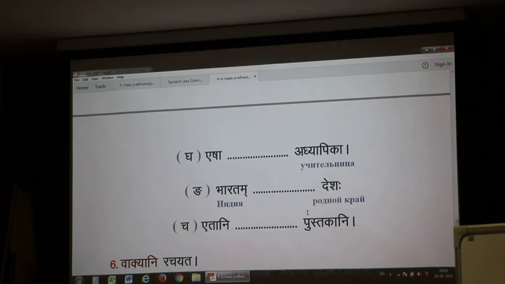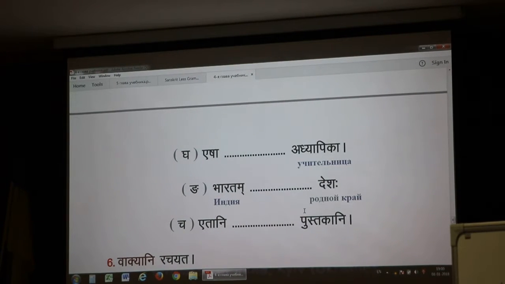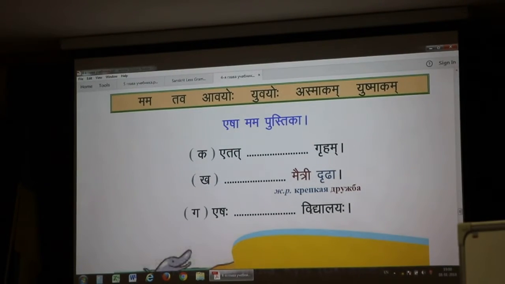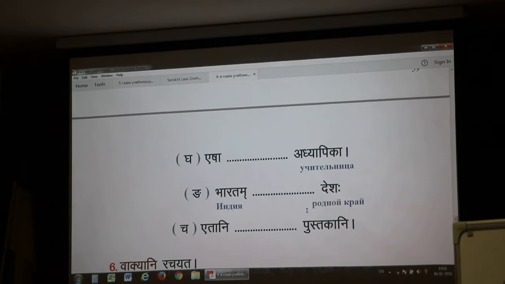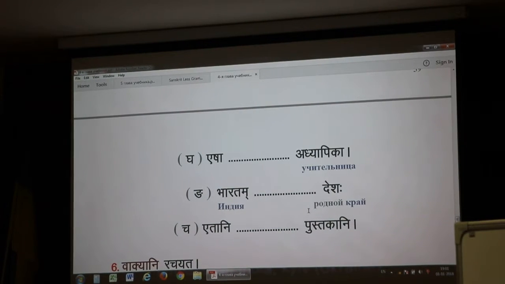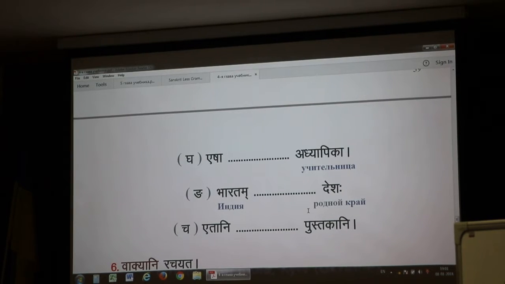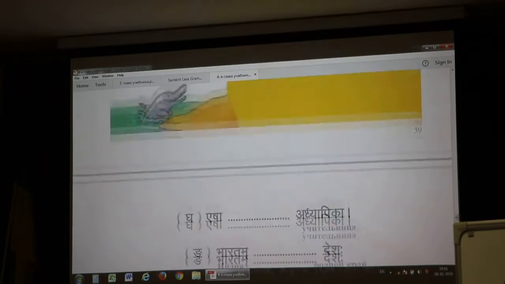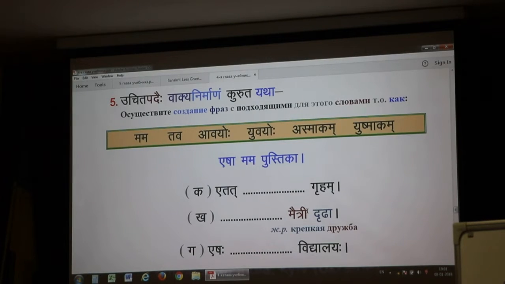Asmakam Adhyapika. Actually, these are quite interchangeable, and Asmakam can also be here. Bharatam Asmakam Desha. I mean, because it is written for the Indian students, so it says Bharatam Asmakam Desha. And if you have to use any other form, any other word, then Esha, Yuvayoho or Avayoho.